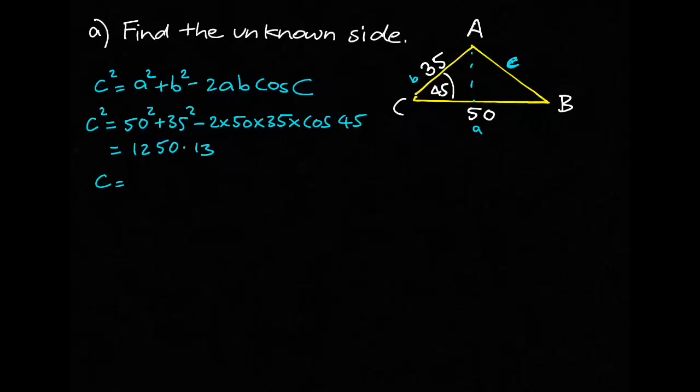So c equals the square root of 1250.13, which equals 35.36.